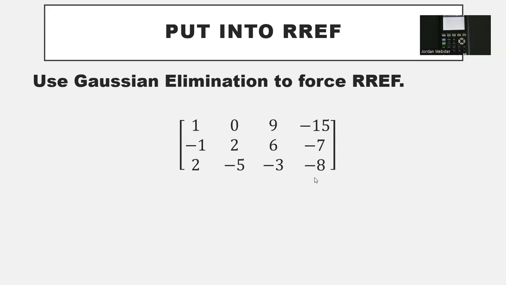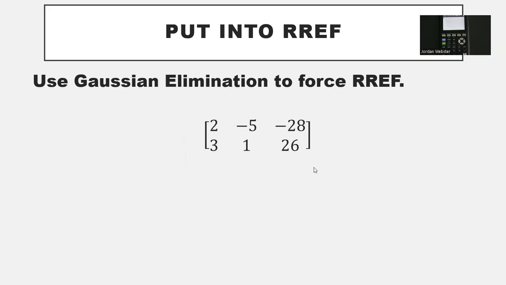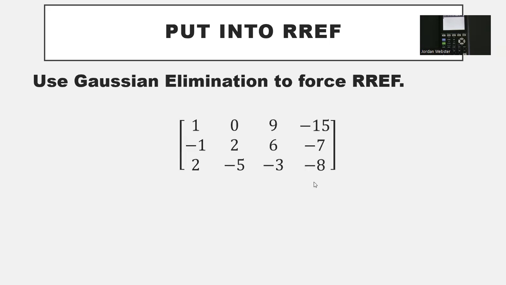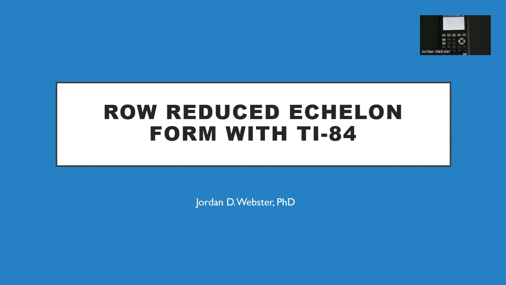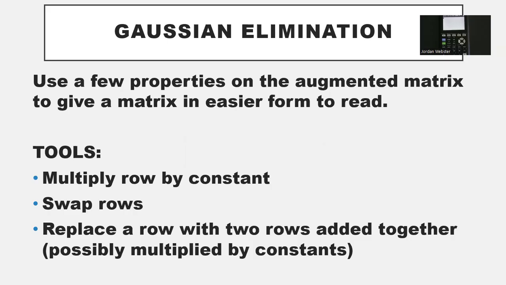It would just take a lot longer time than doing this 2x3 matrix. With a 3x4 matrix, we'd have a lot more steps in the Gaussian elimination. So there we go. That's how to use your calculator to give the row reduced echelon form of a matrix. We did that using RREF and then also using the step-by-step tools of Gaussian elimination, which are programmed into your calculator.